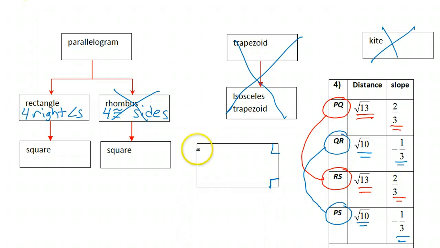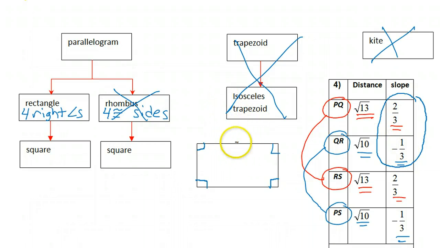Now, 90-degree angles means that these sides should be perpendicular. Now, how should the slopes look? How should the slopes compare if we look at consecutive sides right next to each other? If these are perpendicular, how should the slopes compare?